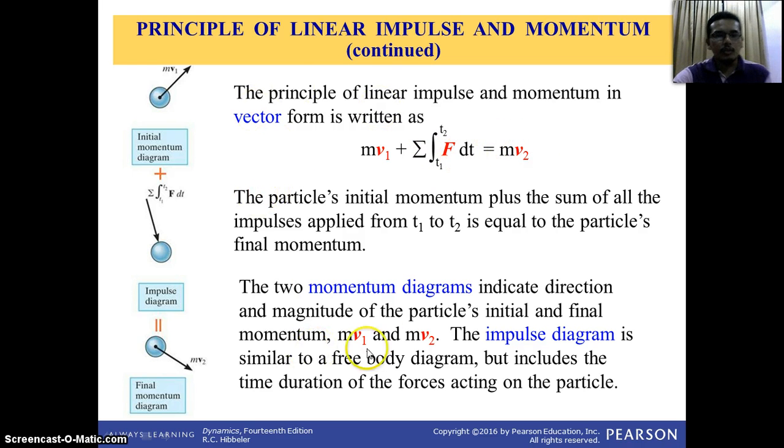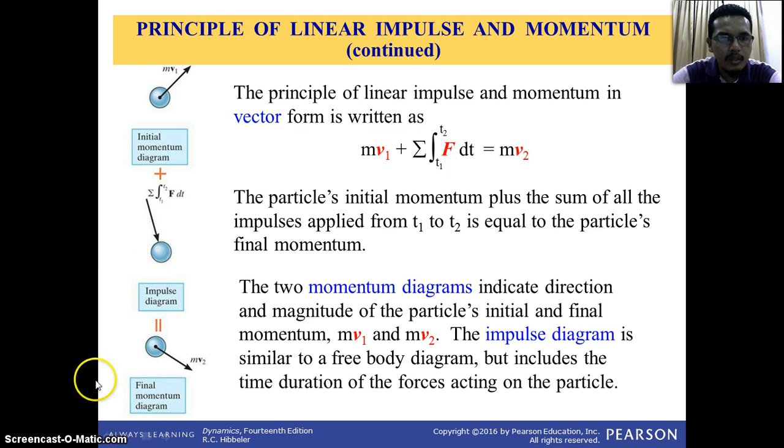So the two momentum diagrams indicate the direction and magnitude of the particle's initial and final momentum, mv1 and mv2. It can be illustrated in this diagram. For example, an initial momentum diagram, for example, this object moving to the right. Plus there is the force applied to the object during the interval from t1 to t2.